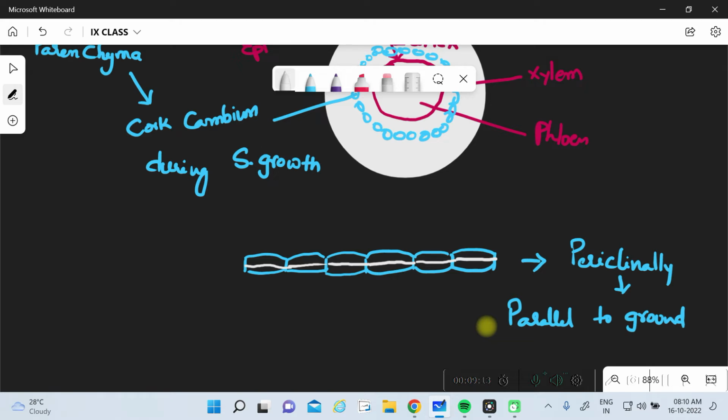Now these outside cells form cork. The inside cells form secondary cortex. So the outside cells from the cork cambium, the blue one is called cork cambium.